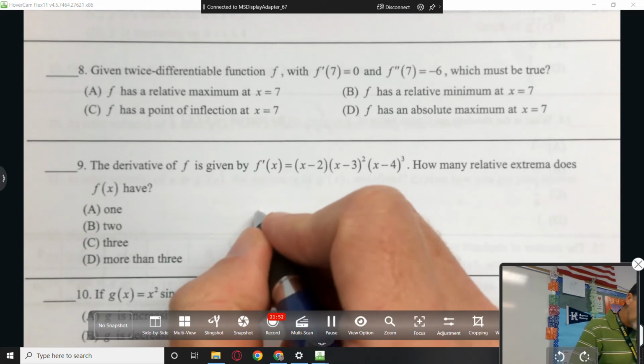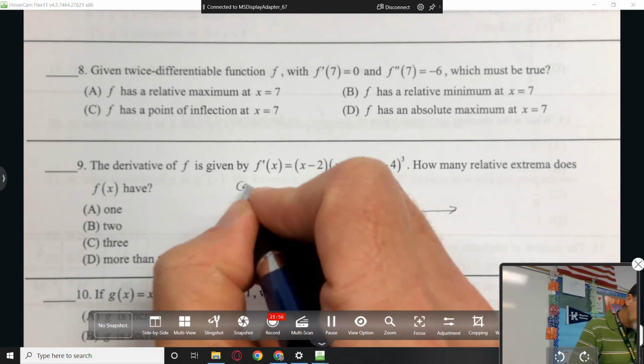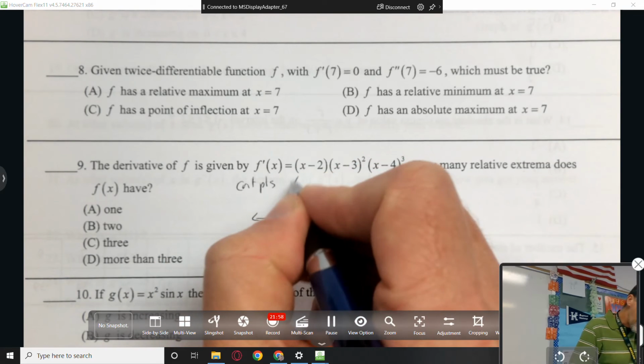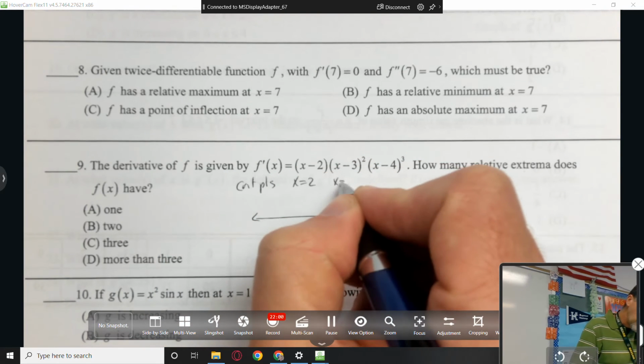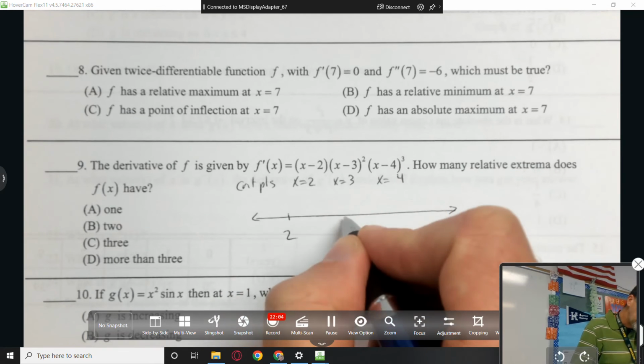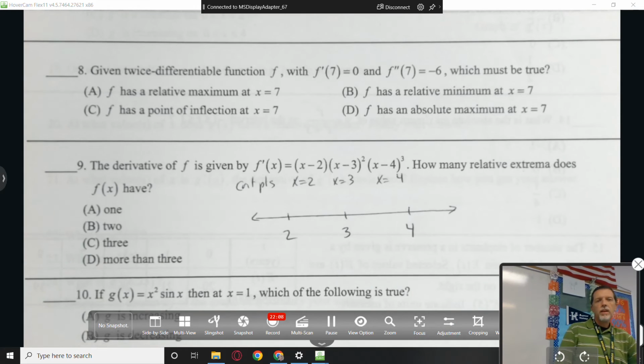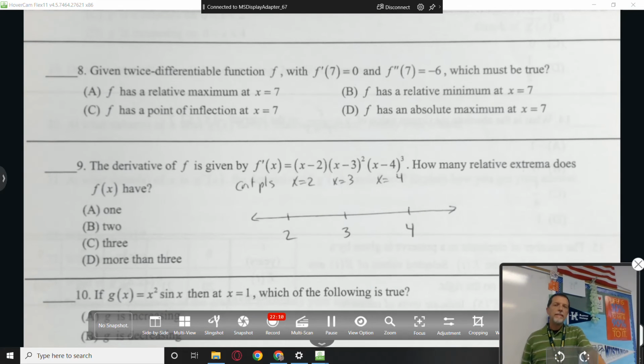So I've got critical points at x equals 2, x equals 3, and x equals 4. Now, I can check all those intervals if I want to.